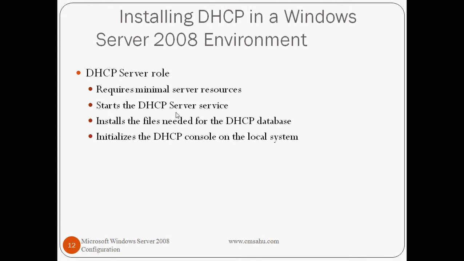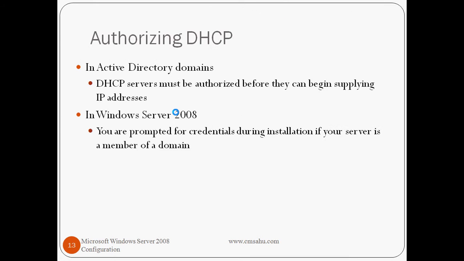Definitely we will do it later: the authorizing of DHCP in an Active Directory domain. A DHCP server must be authorized before it can supply IP addresses. If the DHCP server is not authorized, the client will not get an IP address. So the DHCP server should be authorized before supplying IP addresses, right?